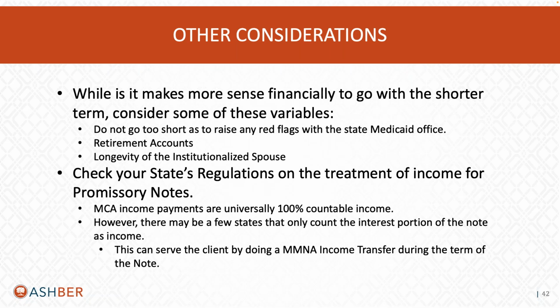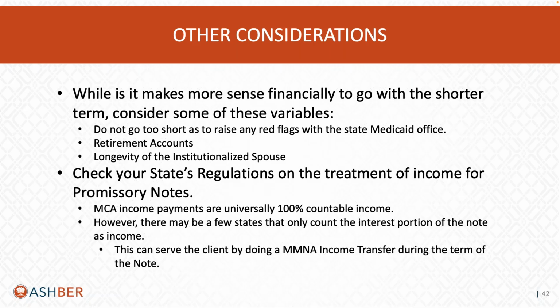However, there may be a few states that only count the interest portion of the note as income, meaning when you have a promissory note payment back to the community spouse, there are 2 separate portions. There's a portion of principal and there's a portion of interest. Usually those states will only count the interest portion of the payment of the note as income.